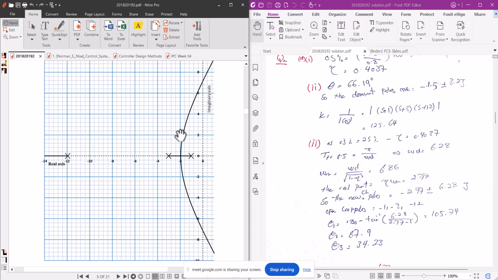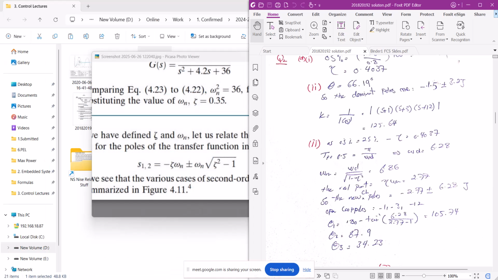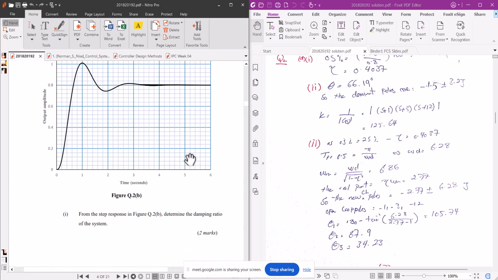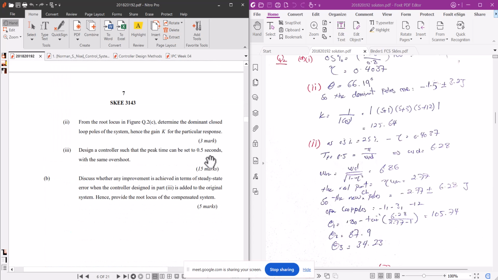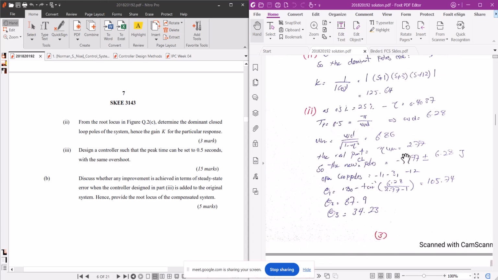With the help of the controller, your root locus will pass through the new desired points, at which you will get this 0.5 second peak time and your overshoot of 25%. This is the standard procedure of controller design.